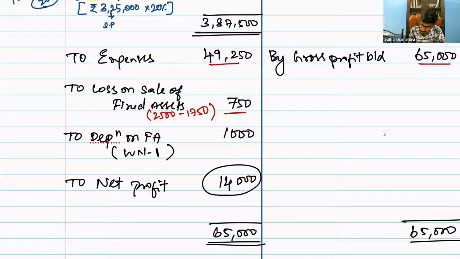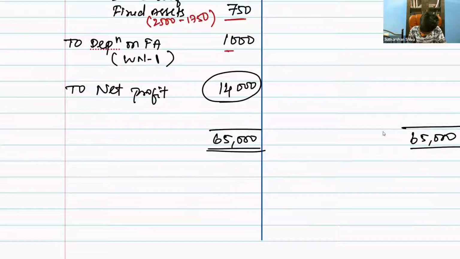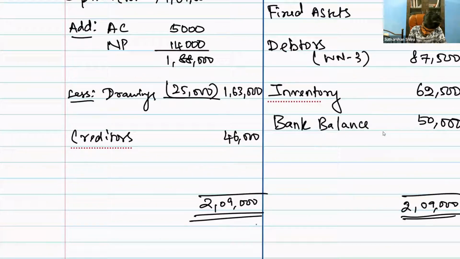That loss on sale of fixed assets, you will debit in the profit and loss account. Then depreciation is there. We need to find out whether there is any depreciation. We will find out, and for that purpose, I will go for working note one.